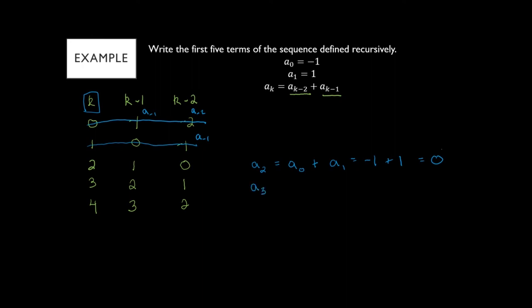So now k is going to be 3. For A sub k minus 2, 3 minus 2 is 1, so that's going to be A1 plus A2. A1 is 1, A2 we just solved is 0, so we get 1.